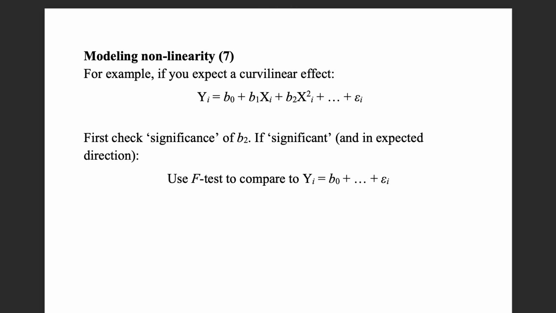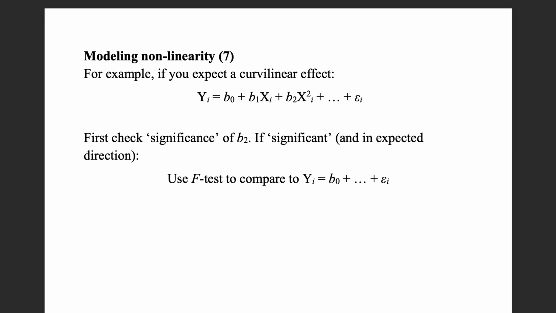And once that is the case, when you can say, well, yes, it's statistically significant and the coefficient is describing a parabola of the shape that you expect, in terms of is it going up-down or down-up, then you can use the F-test to compare the model with x and x squared included to a model where you take both of those out.